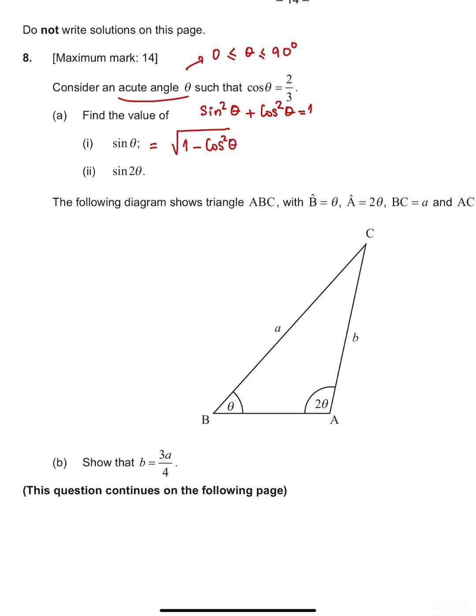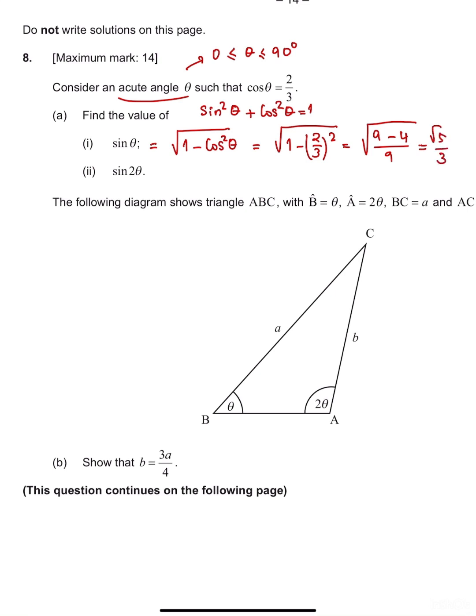Actually, we will get plus or minus, but since the restriction for theta is below 90, sine is only positive. So that will be the square root of 1 minus (2/3) squared, which is the square root of (9 minus 4)/9, which is square root 5 over 3.